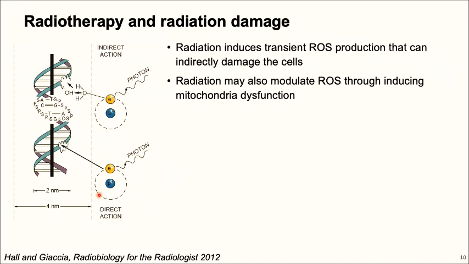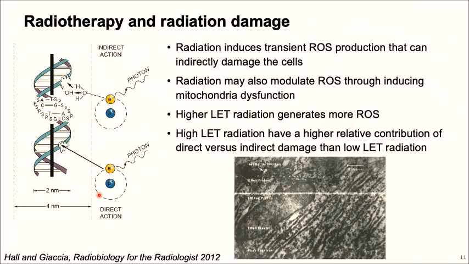Mitochondria can be made dysfunctional by direct damage from radiation, but also via radiation damaging DNA, which the cells then need to repair, and the cell needs to produce nucleotides and energy, which will also modulate the metabolism of the cell. Higher LET radiation also produces more ROS, and high LET radiation has a higher relative contribution of direct versus indirect damage than low LET radiation.